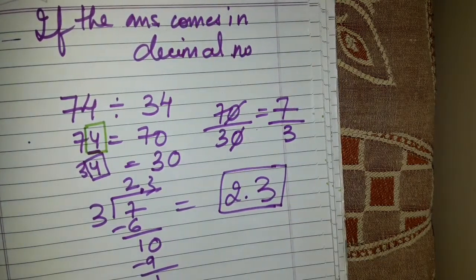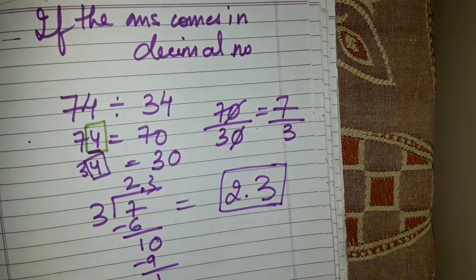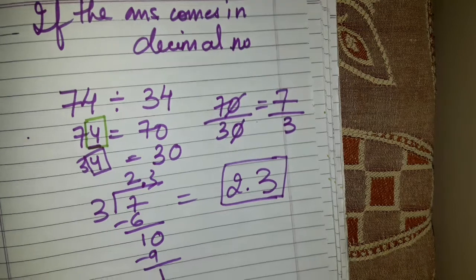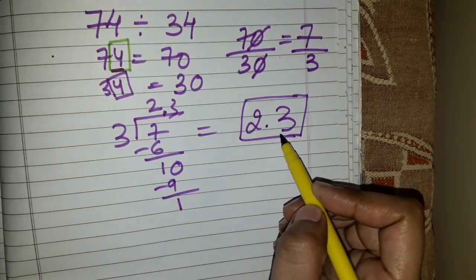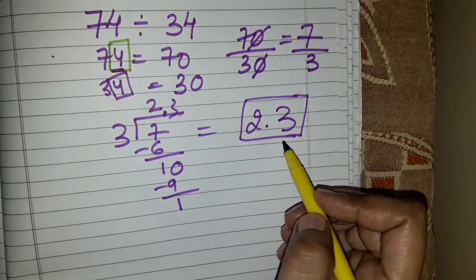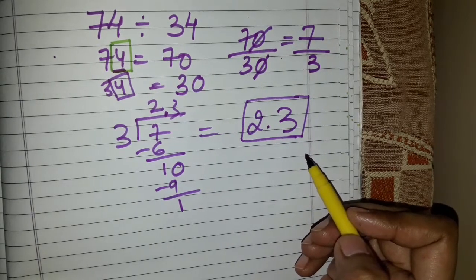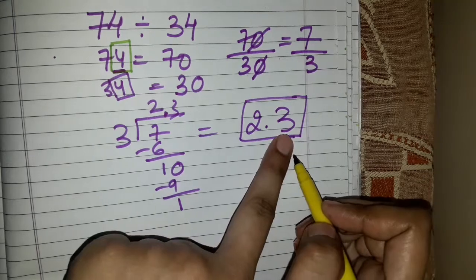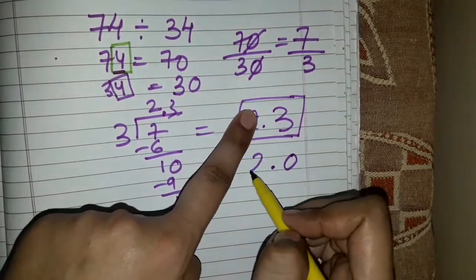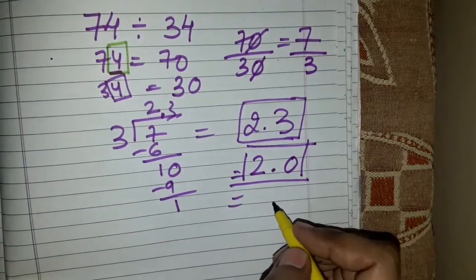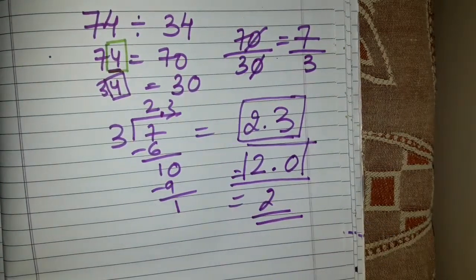In rounding off a decimal number, you simply see the digit which is coming after the decimal point, whether it is 5 or more than 5, or less than 5. Just after the decimal point the digit is 3, which is less than 5. So what we were doing in the previous exercise, the same we will do here also. It will become 0 and this will remain the same. So now the answer is 2.0, and I told you 2.0 is nothing but 2. Is it clear?